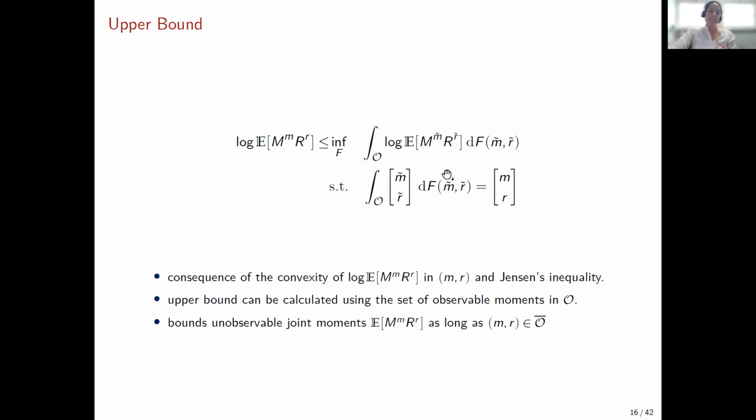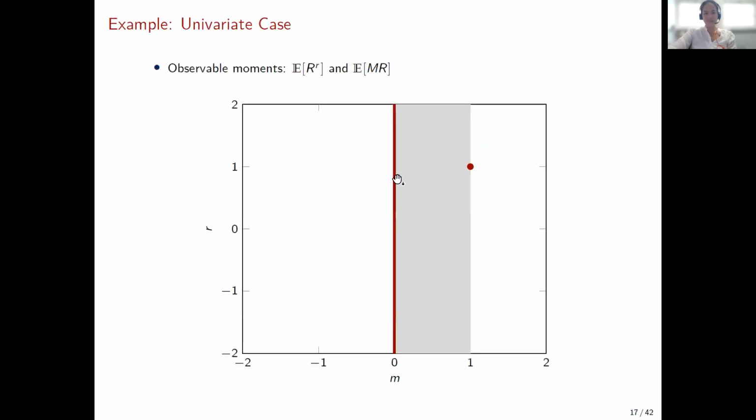Now, because we take the infimum over all these convex combinations, we make sure that we get the tightest possible bounds. Okay, so this sounds very abstract. I will show you later on in the applications that we can get expressions which look more accessible and that we can actually use in the data.